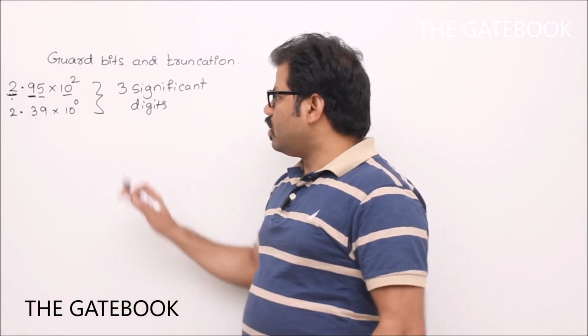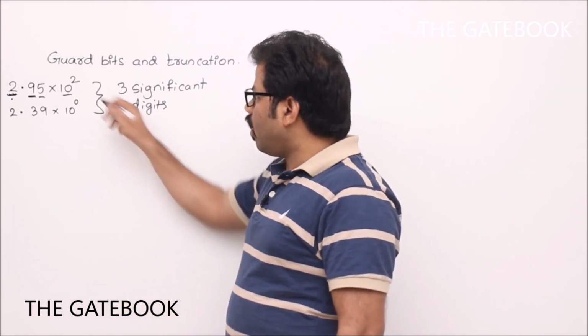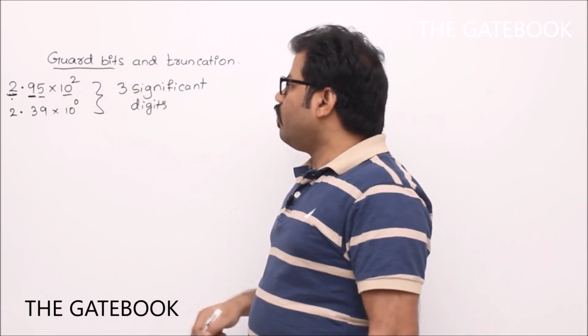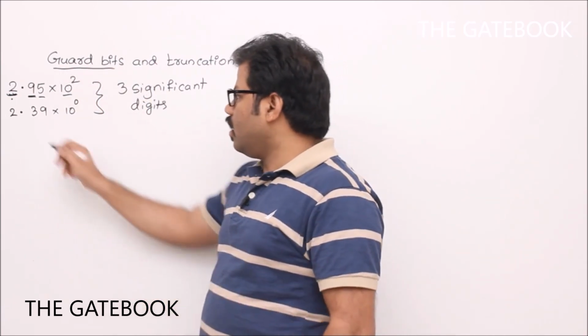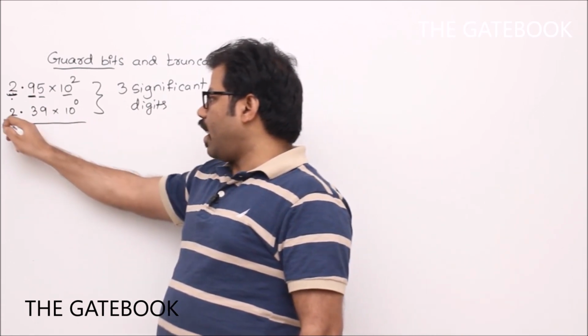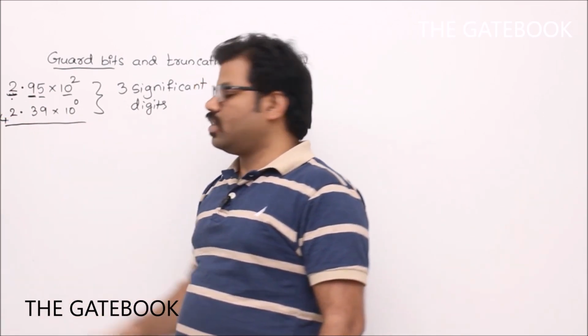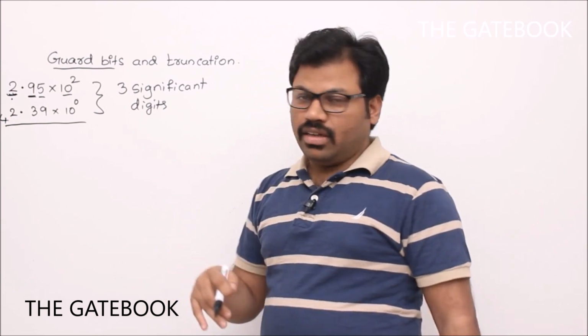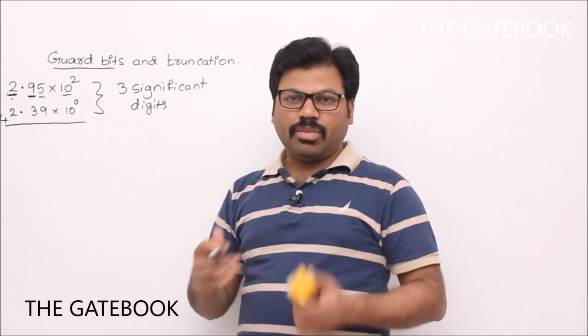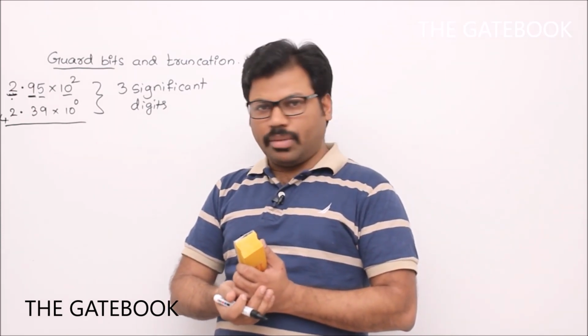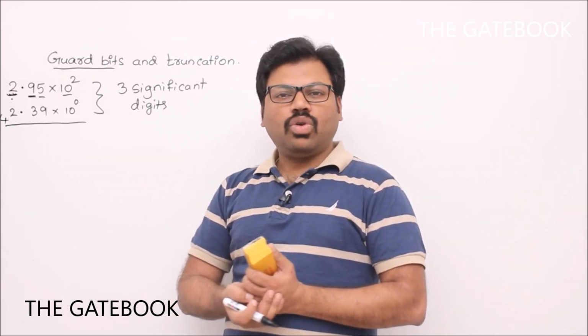In this model, now I would like to talk about guard bits. Generally we use guard bits to store the intermediate results. Let's say you are doing some calculation, maybe addition or subtraction. Sometimes your result will go beyond these digits, meaning more digits are needed to represent it. Then there are two options.